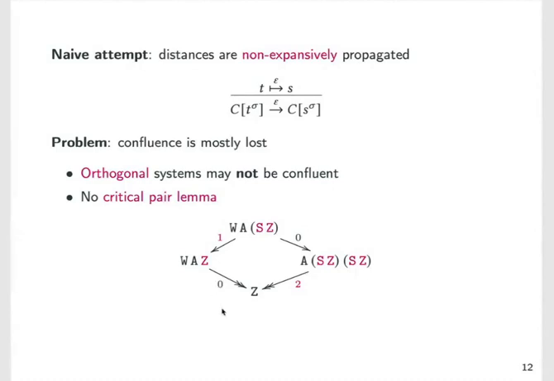And then what happens is that, at the end of the day, these two terms have to converge to 0. But whereas the left-hand side one does that by producing no further distance, so it does so with error 0, the second one has to transform the successor of 0 into 0 twice. And each time it produces an error of 1, but doing so twice, we get a distance of 2 at the end of the day, so that we see that we cannot have quantitative confluence in that case.